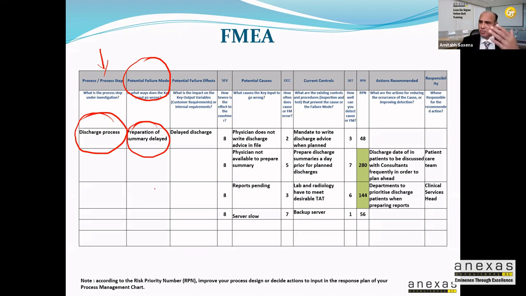You write how it displays itself as a failure. You can have many more, I'm just showing an example of one. What does it impact? It just delays our discharge time. How severe is it, on a 1 to 10 rating.